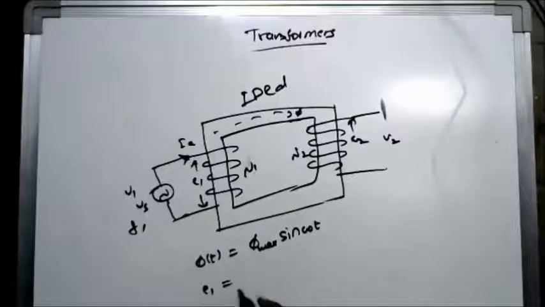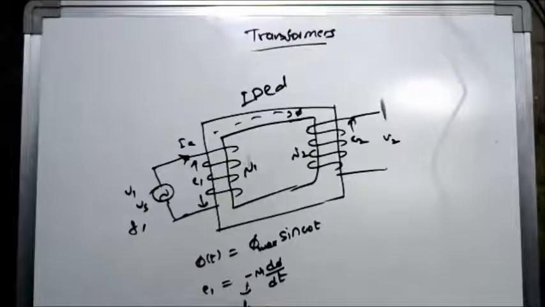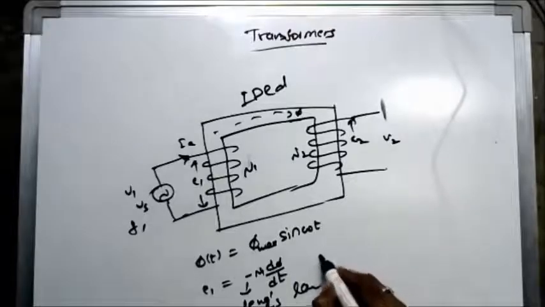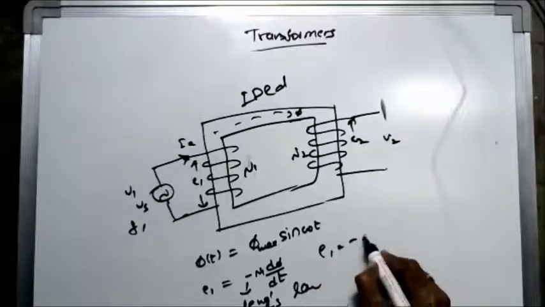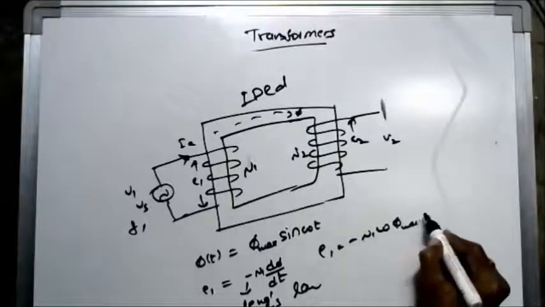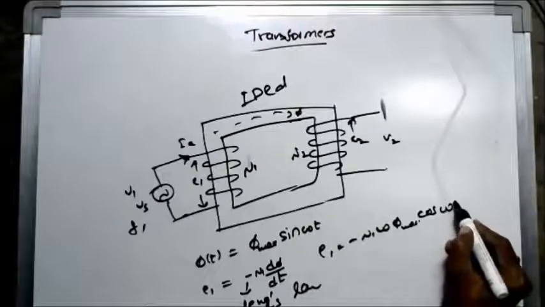So E1 is equal to minus N1 into d phi by dt. Here the minus came because of Lenz's law. Then E1 is equal to minus N1 into omega into phi maximum into cos omega t.